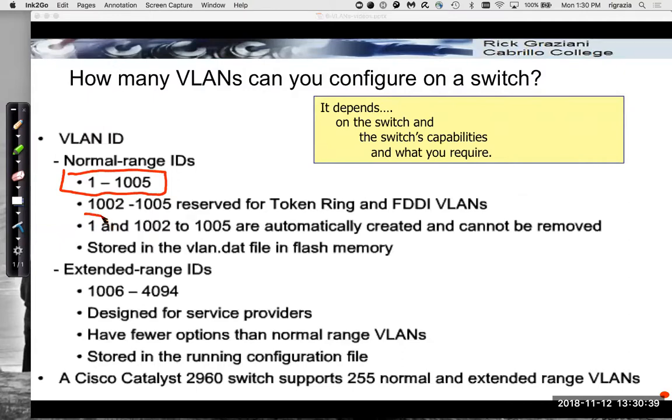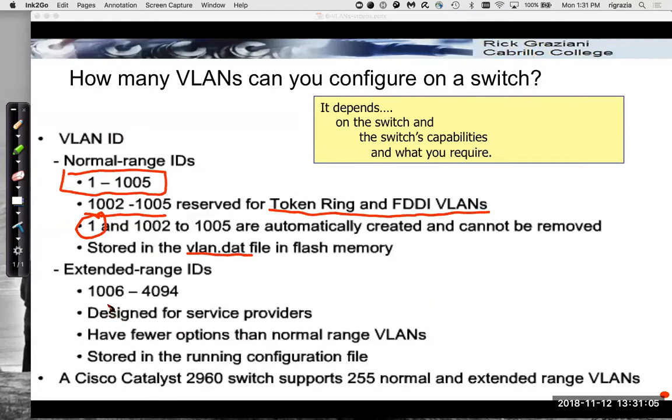Now, 1,002 to 1,005, as we'll see later, are reserved for legacy Token Ring and FDDI. VLAN 1 we'll talk more about in the next video when we talk about VLAN types, but that's the default VLAN, and that VLAN cannot be removed. We'll talk about the vlan.dat file where all the VLANs are stored.